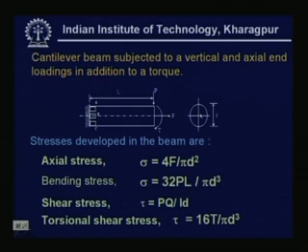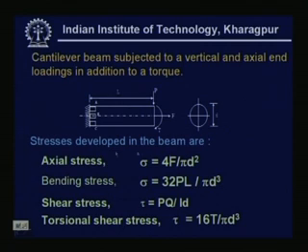So, in this case, we have stresses which can be calculated as we have seen earlier. The axial stress sigma is P by A, so this is the force over pi d square by 4.